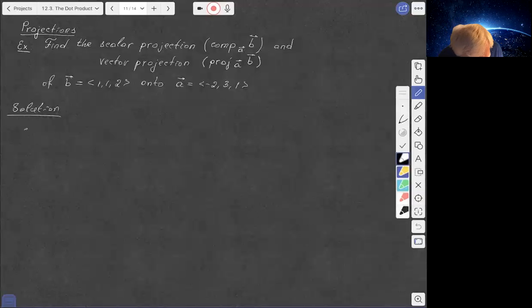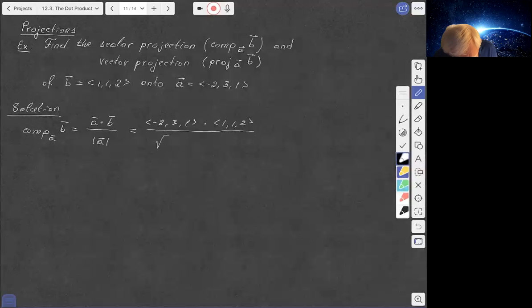Again, let me write the expression for the component of B onto A. That is the dot product of A and B over the magnitude of A. And that is equal to negative 2, 3, 1 dotted with 1, 1, 2 and divided by the square root of negative 2 squared plus 3 squared plus 1 squared.